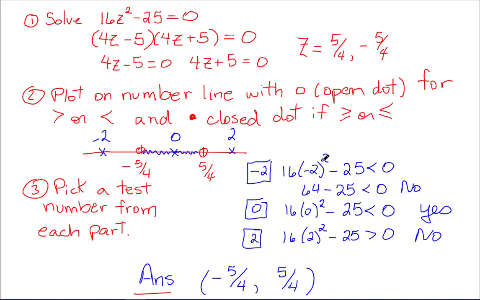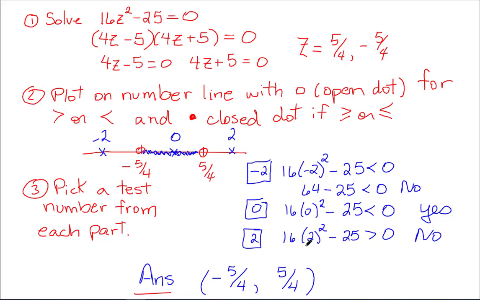So -2 squared is 4. 4 times 16 is 64. 64 minus 25, would that be less than 0? No, it's not. So I don't shade anything. I try the 0. So this would be 0 minus 25. Is that less than 0? Yes.